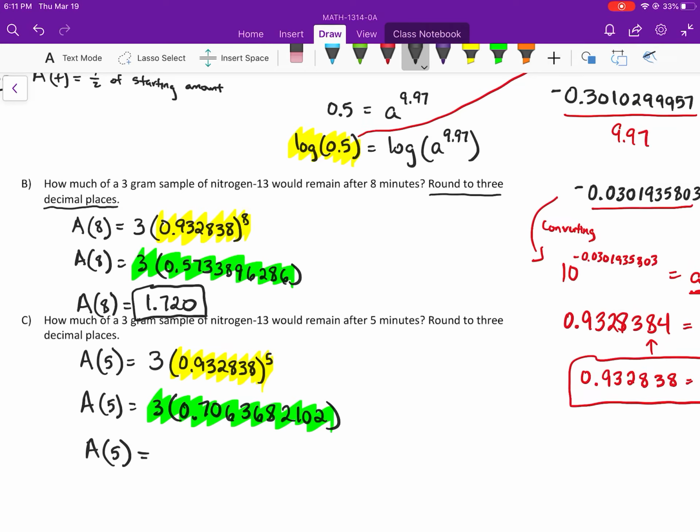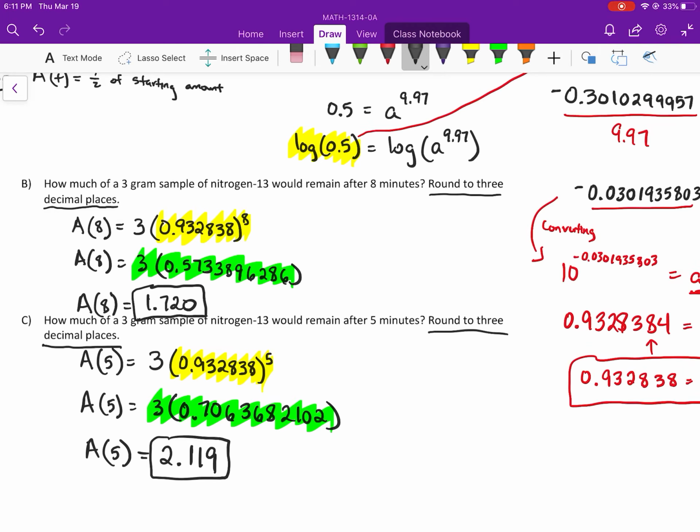So that number times 3 gives me, and again we can round to how many decimal places? 3 it looks like. 2.119, which is my answer for part 3.